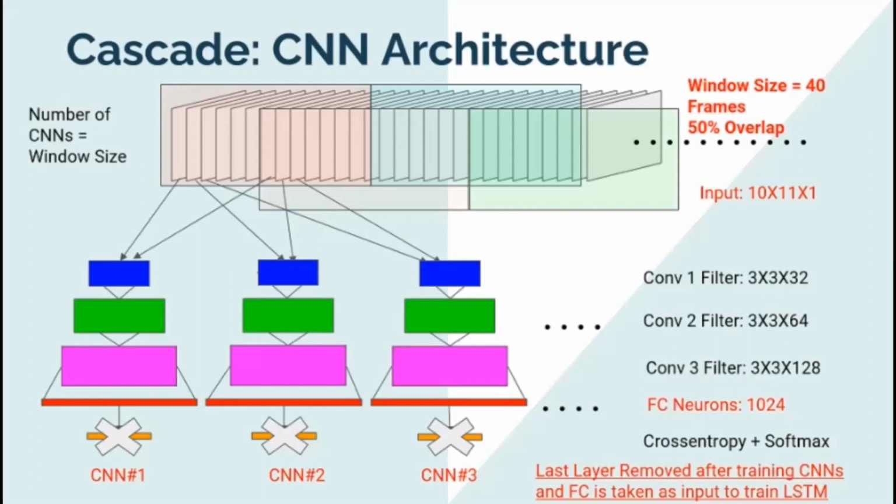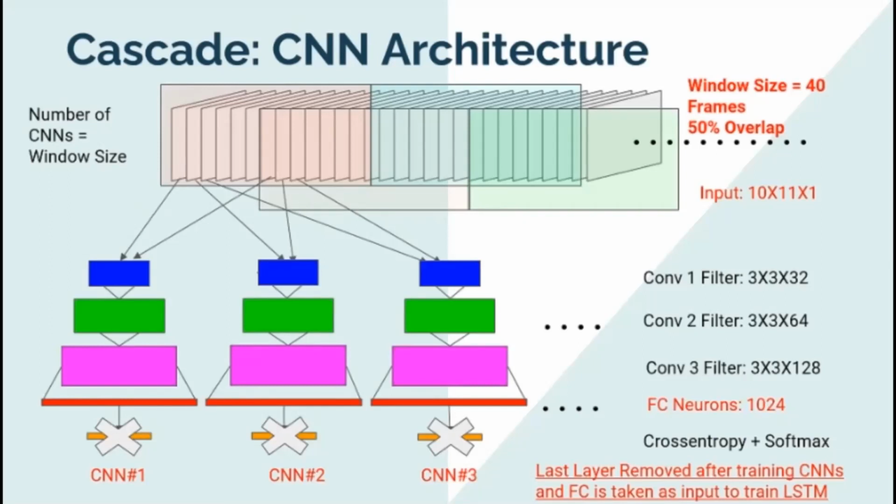We have tested different window sizes, and our best result had a window size of 40 frames, where all CNNs had the same architecture. That is, it receives a single frame or a single mesh of 10 by 11 by 1, and it goes through 3 convolutional layers. All have a filter area of 3 by 3, but with depths of 32, 64, and 128 respectively.